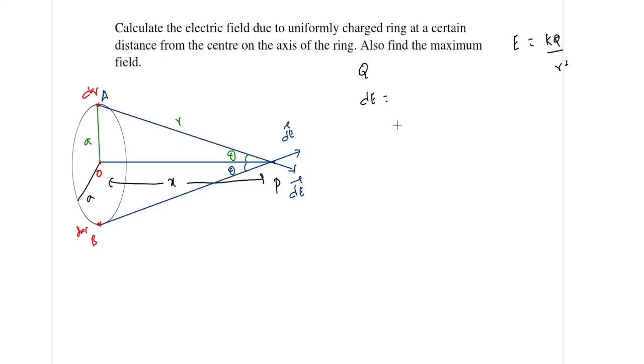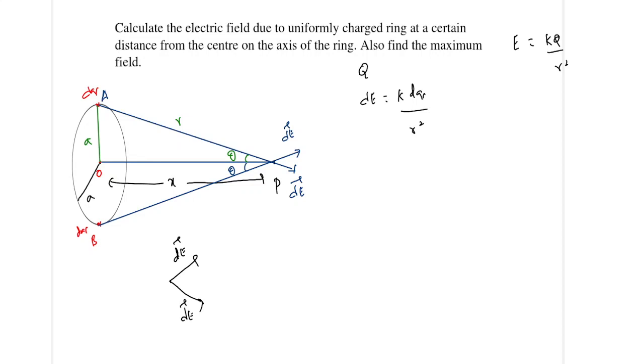In this case it will be k, the charge on these elements dq, by the distance square, which is AP or BP, which is r square. But these two fields are in different directions, one going like this and one going like this, with the same magnitude.